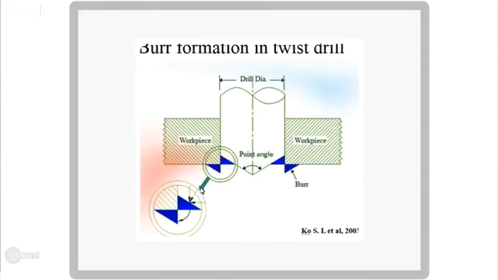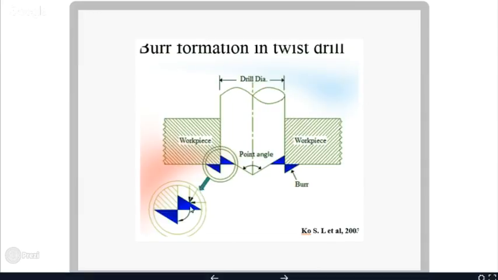The vertical component, Ry, is responsible for the thrust, and the horizontal component, Rx, is responsible for twisting of that last flake of the material in the form of burr.